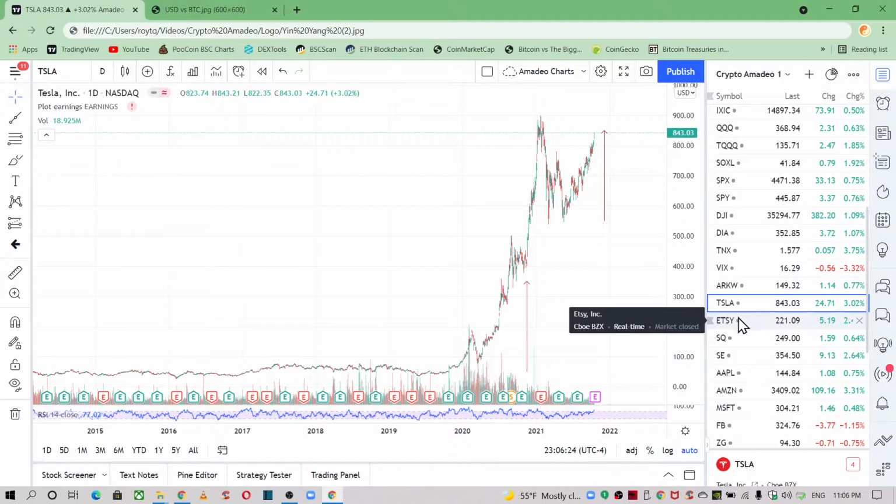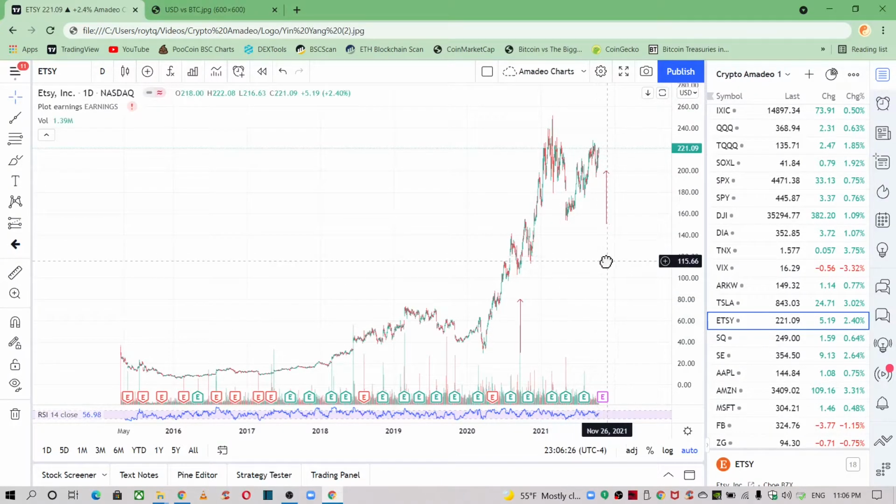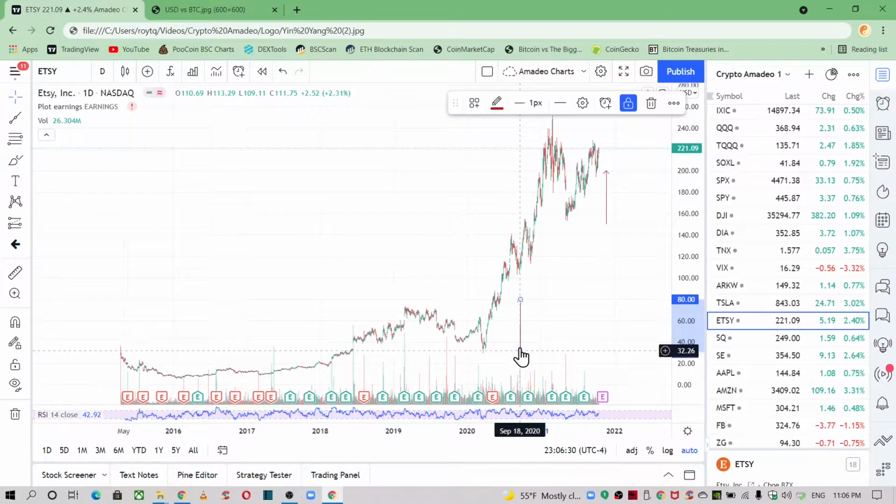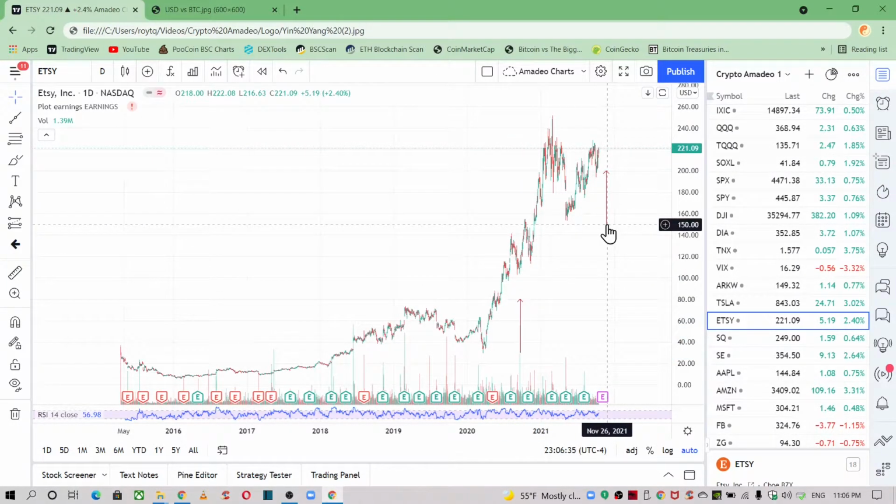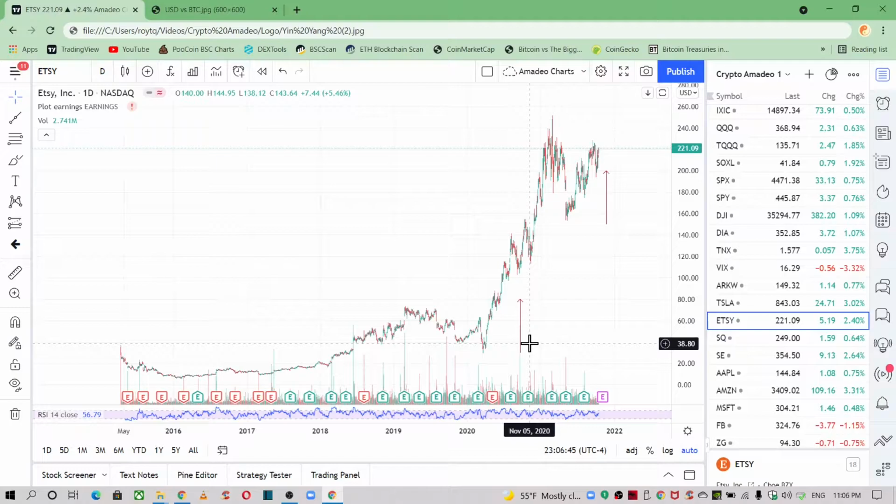I can show you a couple more. This is Etsy, same thing, right? On this chart, this is a $30 to $80 move, that's a $50 move, and this is a $150 to $250 move. So if you don't turn log on, it's going to look exactly the same, which is not what you want from a trend analysis perspective, because you care about the power of the moves.